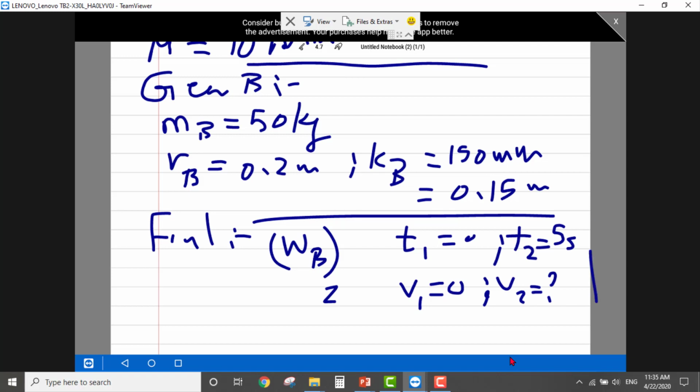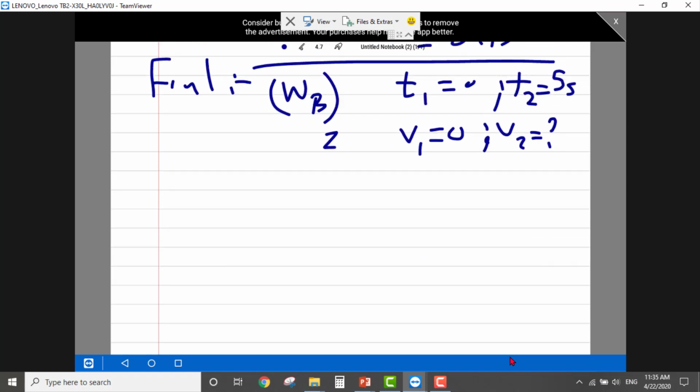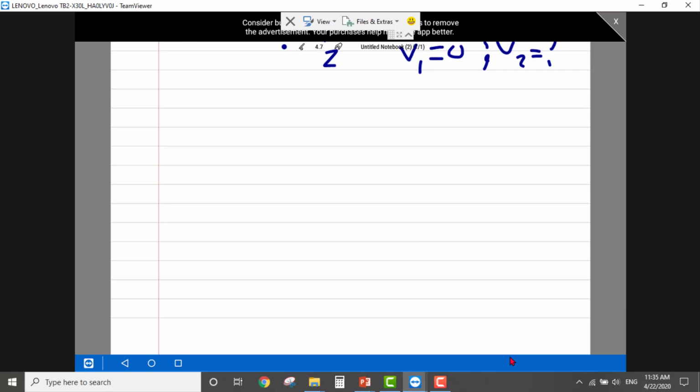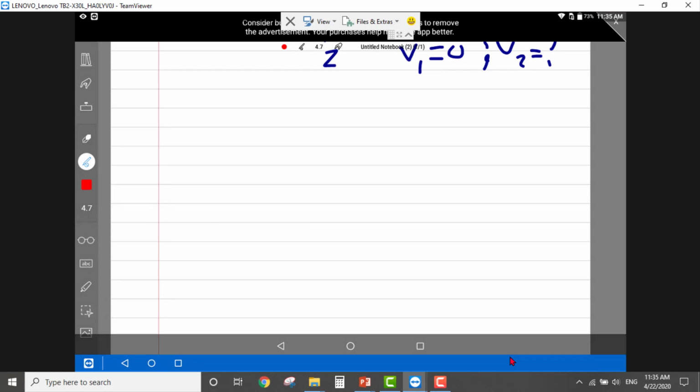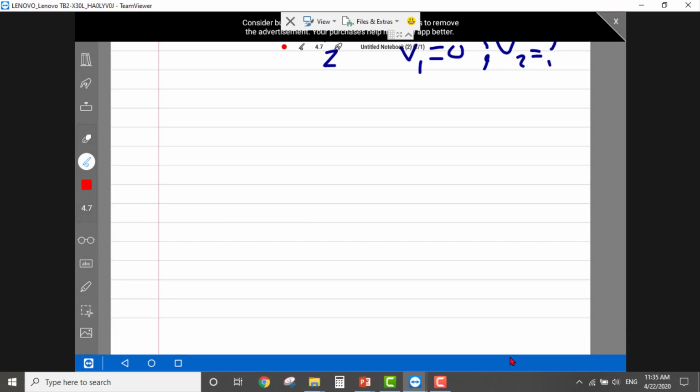So in order to solve this problem, we need to draw each one separately. The common mistake with the students is they write the two gears together and start solving. So the best scenario is to take each gear alone.